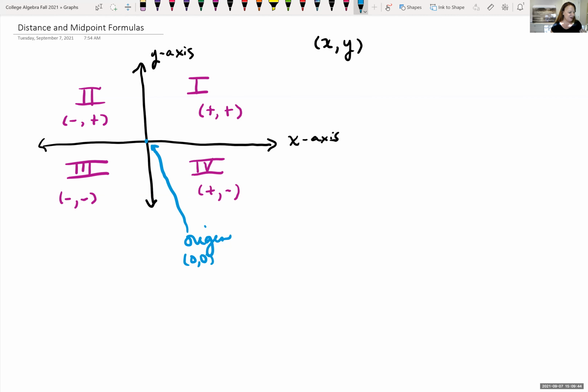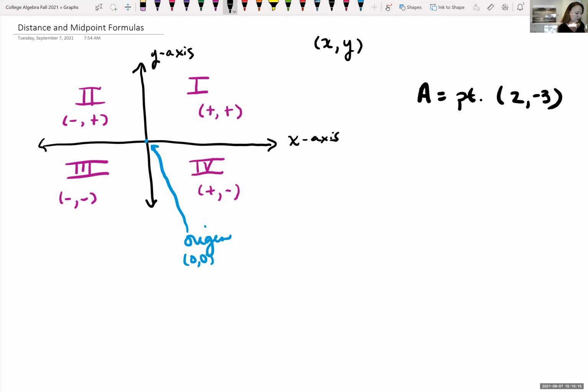You should be able to plot points. Let's say A is equal to the point (2, -3). You should be able to tell me what quadrant that falls in, and you should be able to plot it. Let's quickly do this.